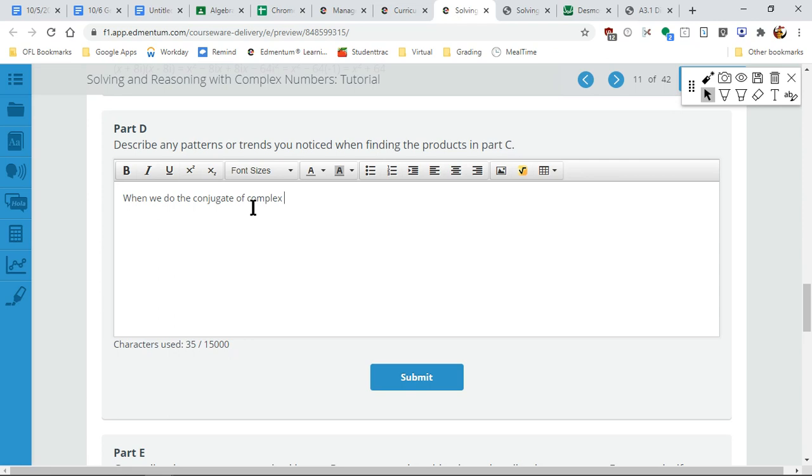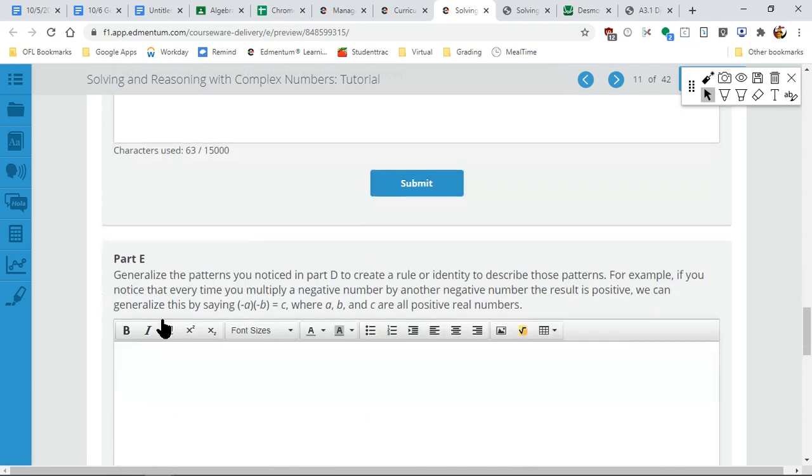The reason why I keep using the word conjugate over and over is because it's easier than saying, whenever we do two things and instead of putting a plus sign we put a negative sign, the middle thing disappears. So whenever we do the conjugate of a complex number, the answer is a real number. We get rid of all the complex stuff.